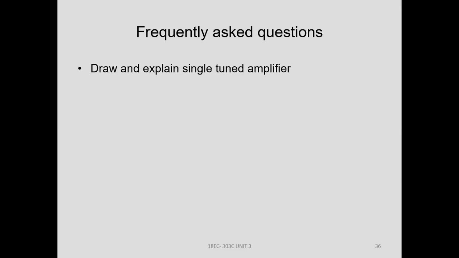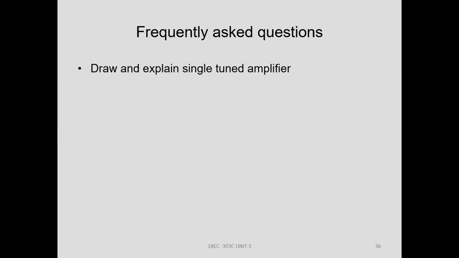This high Q gives high gain but less bandwidth. This reduced bandwidth means a narrow band of frequencies, which may not reproduce the original signal for all the frequencies. That is the reason there is poor reproduction of the signal. That is the drawback of the single tune amplifier.